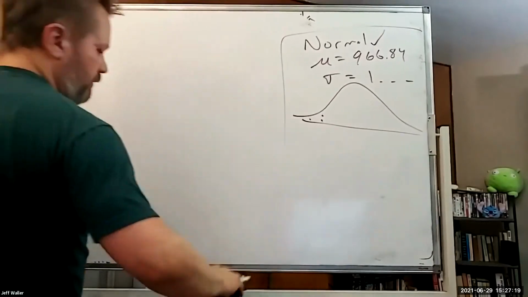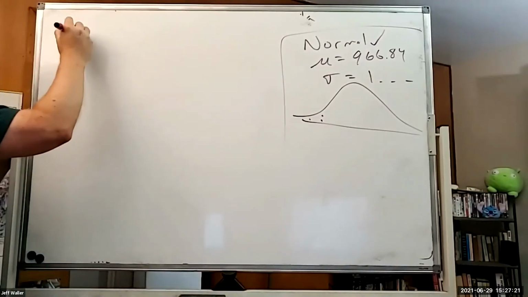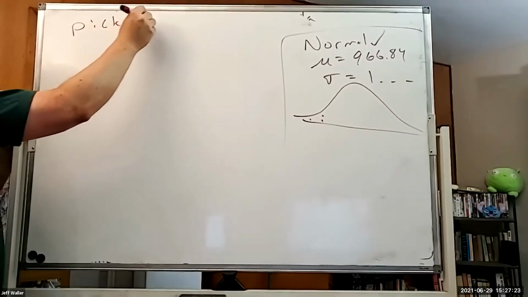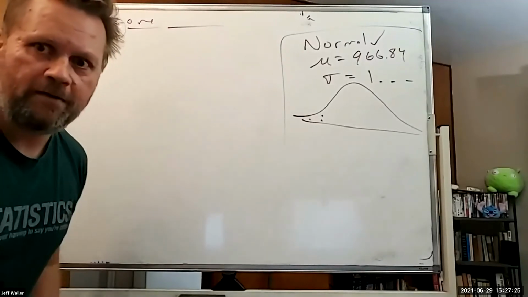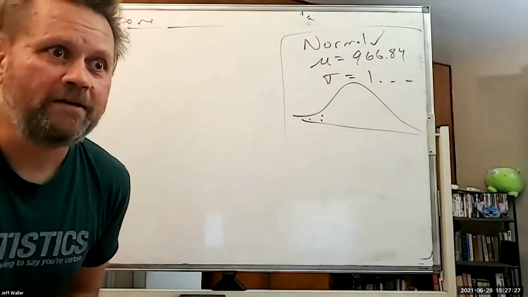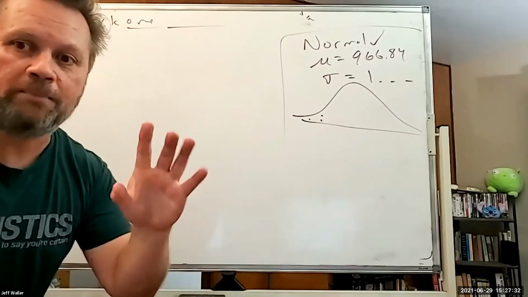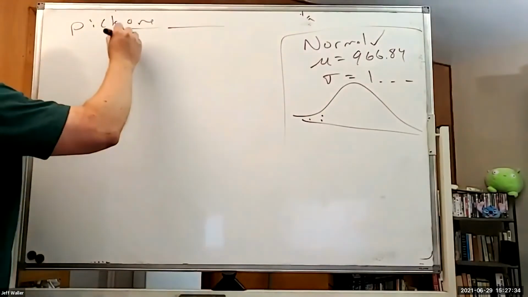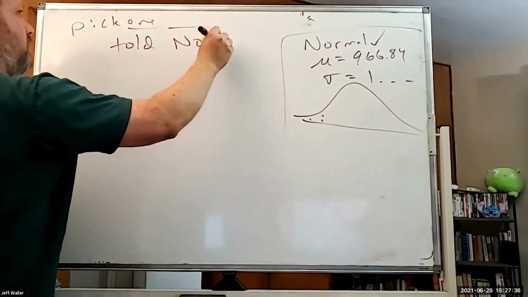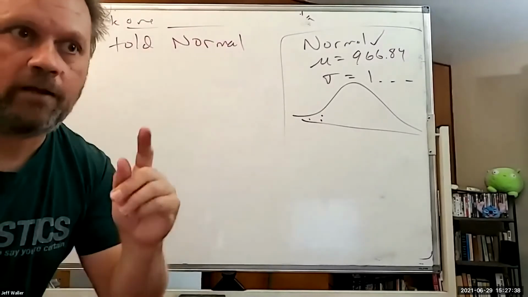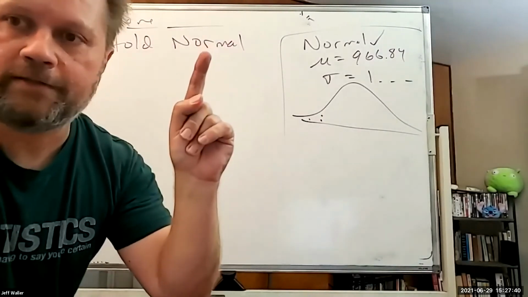Every problem we've done so far, didn't we pick one, whatever, right? Why were we able to do it? Because the problem told me it was normal, correct? Every problem we've done so far, I had to know this.